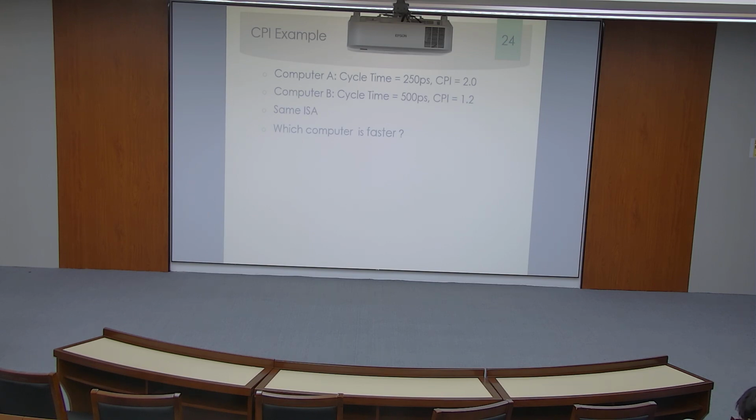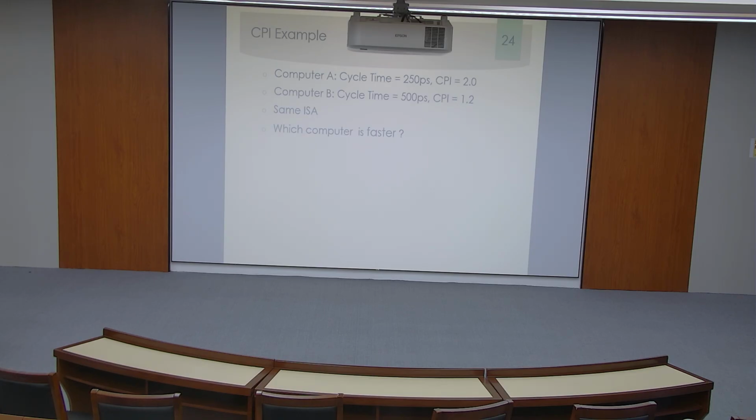Now, CPU time for computer A equals instruction count times CPI. The CPI for computer A is 2.0 times the clock cycle time for computer A, 250 picoseconds. Then we have the CPU time for computer A, IC times 500 picoseconds.